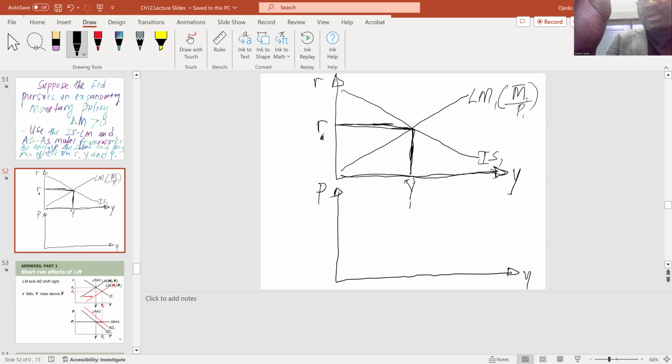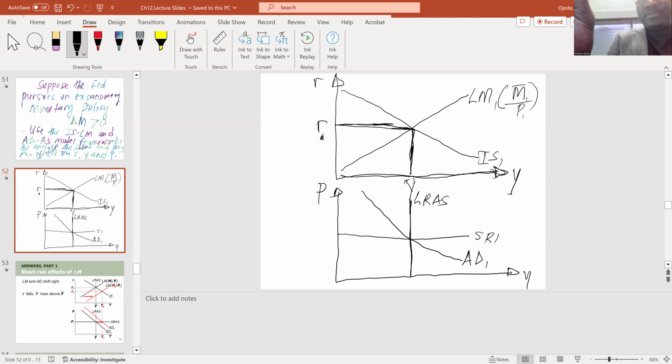That's the same output that determines your long run aggregate supply curve. And then the aggregate demand slopes downward. You can call this AD1. And this is your short run aggregate supply curve. You can label it SRS1. This is your P bar 1. This is your Y bar. So essentially, this is your long run.